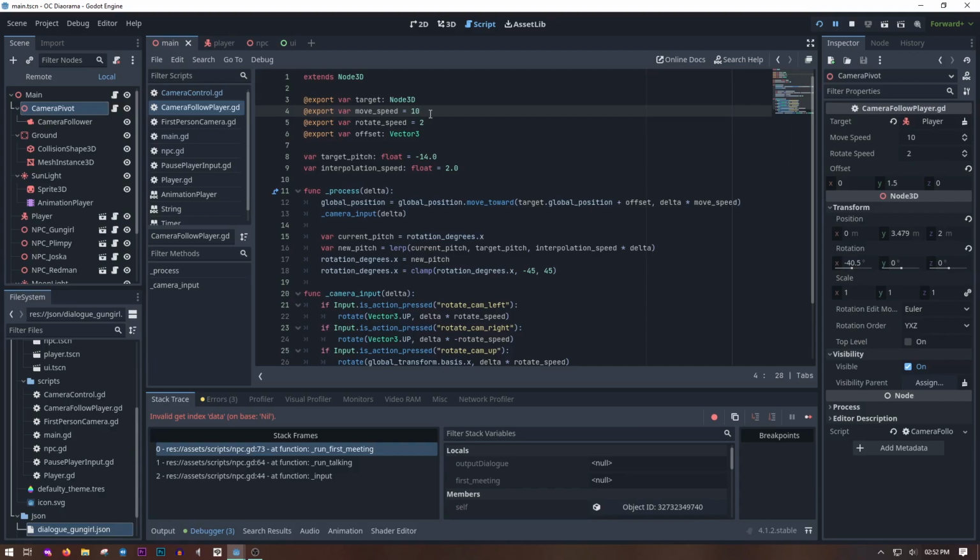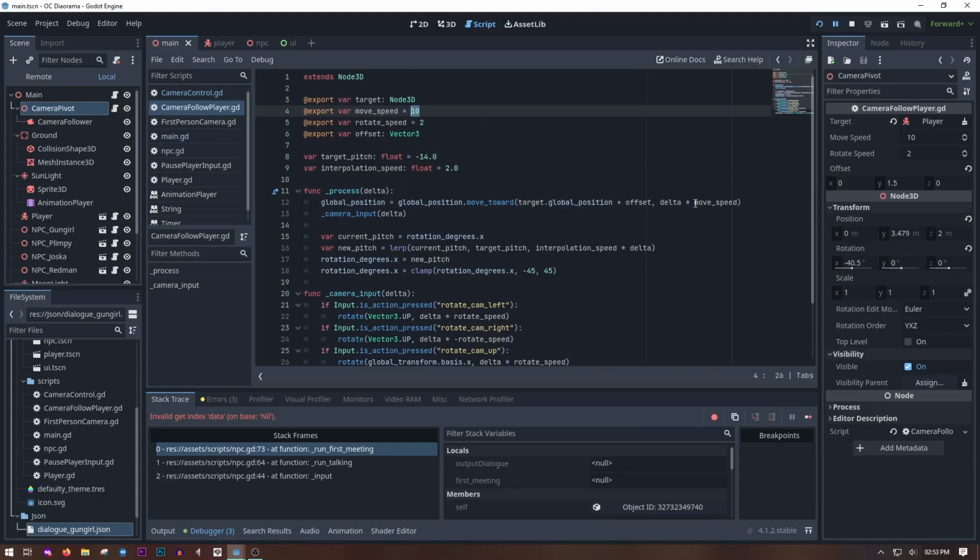Oh, that's because when I control the camera, I think this is rotate speed. Rotate speed comes into play when I rotate the camera by using the right analog stick to move it around the camera, the player, and it's at 2 right now. The move speed, I guess because we use it in here, is set as 10 by default.